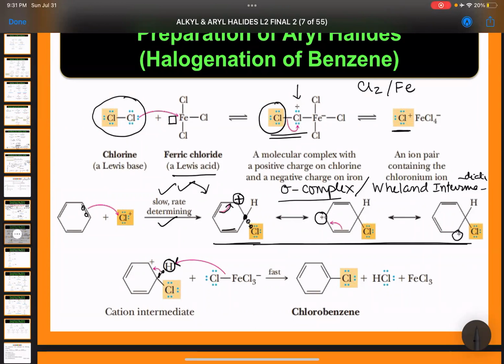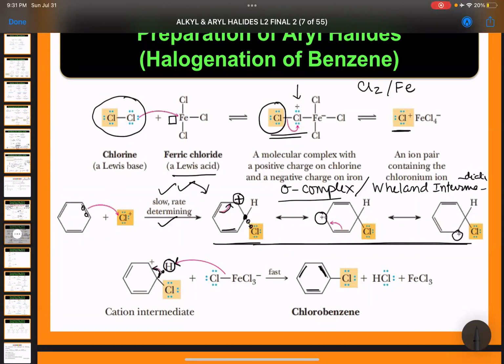And that's how the sigma complex gets back the pair of electrons which it lost to Cl plus earlier in step 1. The loss of H plus from the position where the Cl plus has attached will neutralize the sigma complex and we have the benzene ring again.